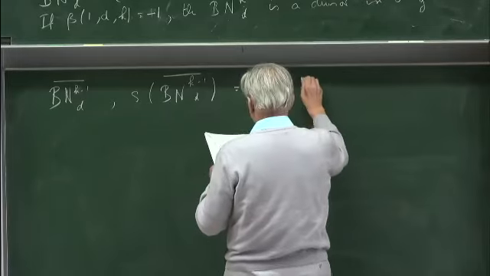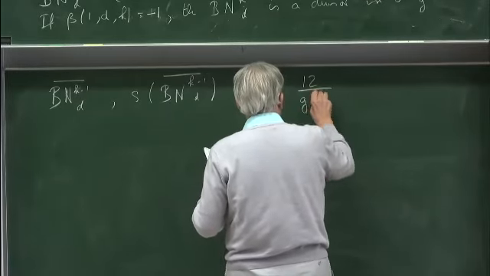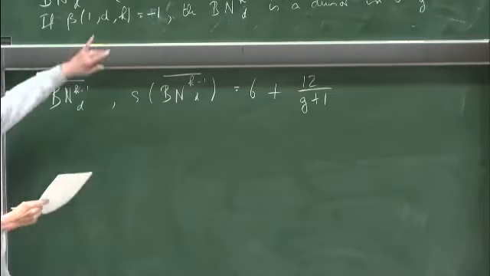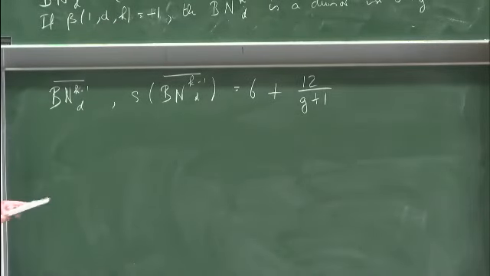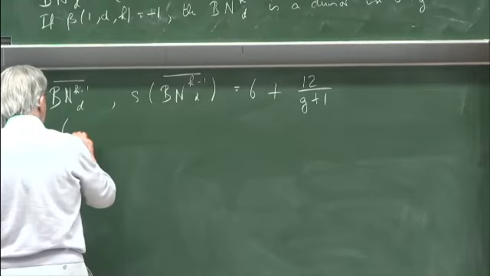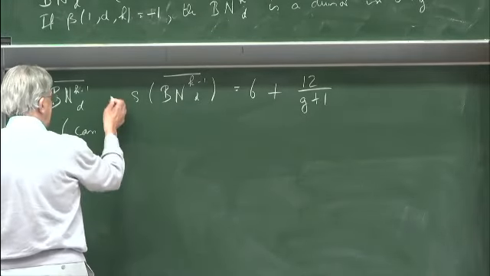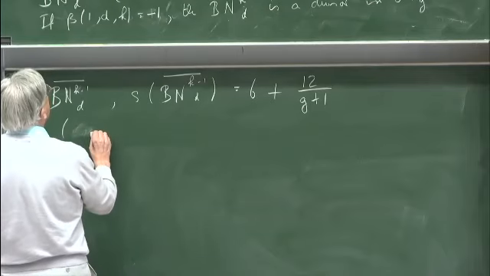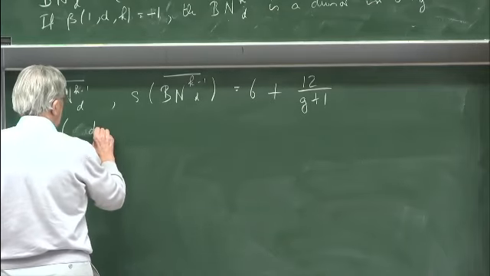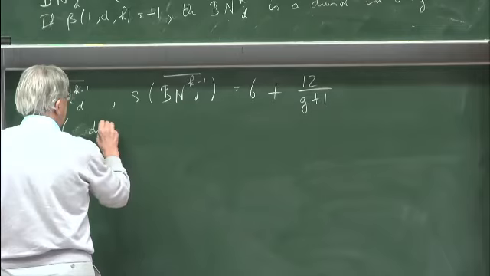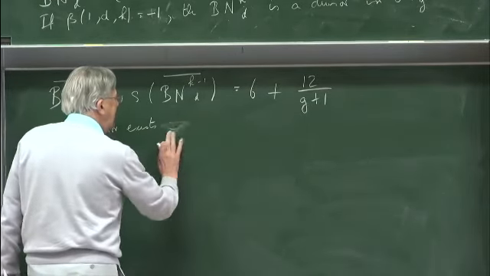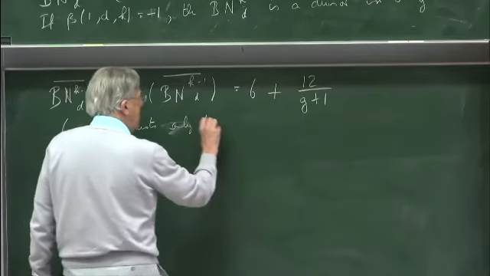And it's 6 plus 12 over g plus 1. Now, if you look at the formula, this can only happen if g plus 1 is composite. So the divisor exists only if g plus 1 is composite.